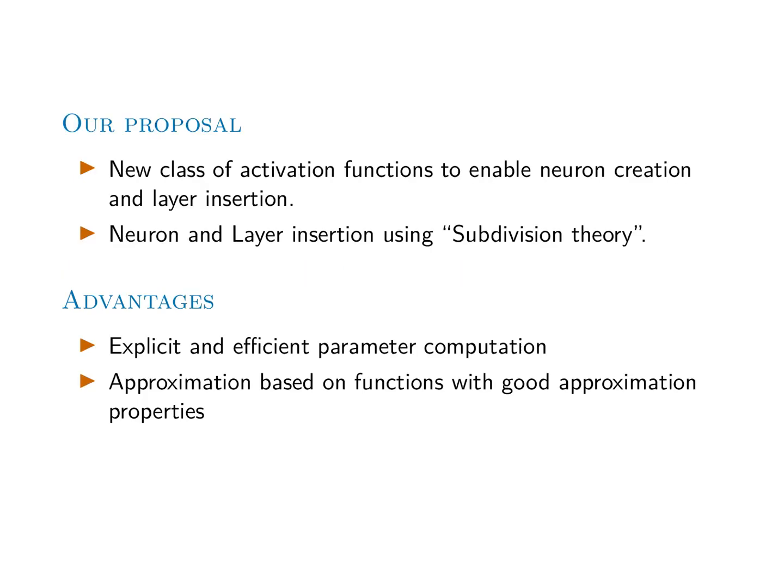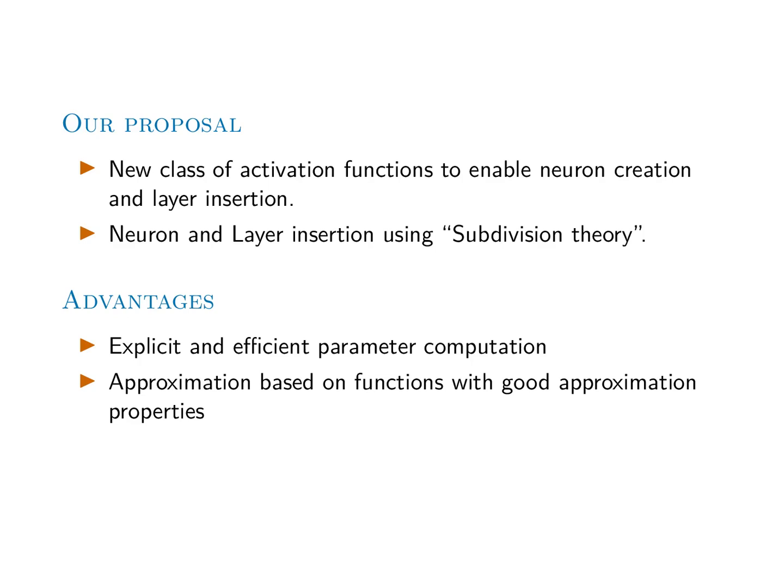Our proposal consists in considering a new class of activation functions that enable the creation of layers and neurons, and it is based on subdivision theory. What will be the advantages? We will obtain an explicit and efficient formula for the parameter computations, so an easy formula to compute the W matrix and the bias coefficients.